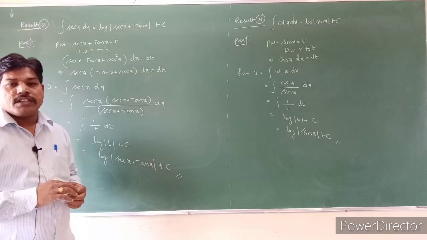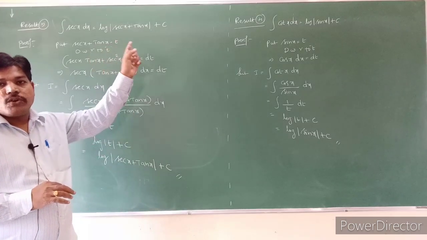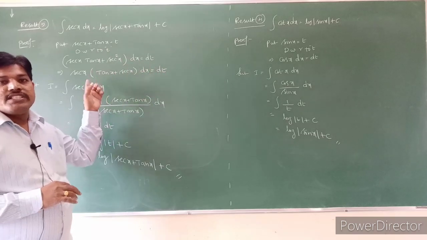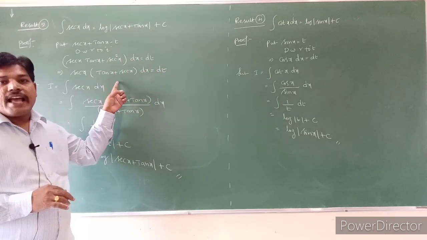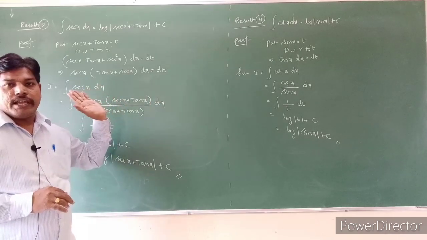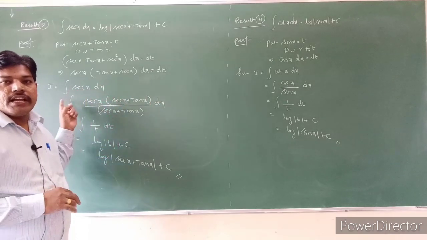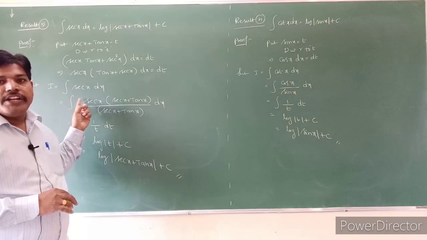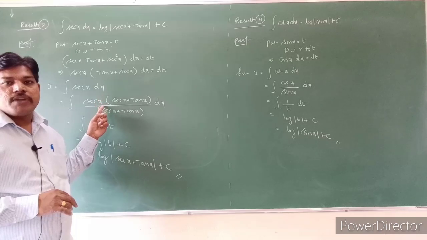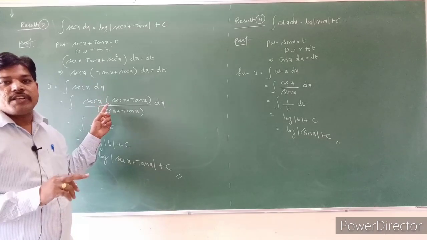So what we have to take first is secant x plus tan x equal to t. The derivative of that function is secant x into tan x plus secant x, into dx equal to dt. Then take the function as I, the integral of secant x into dx, and multiply and divide with secant x plus tan x.